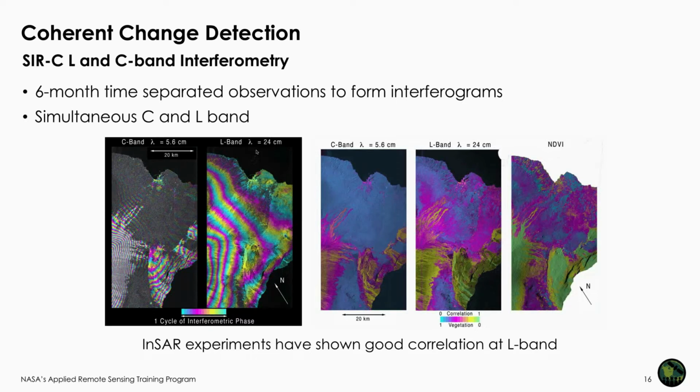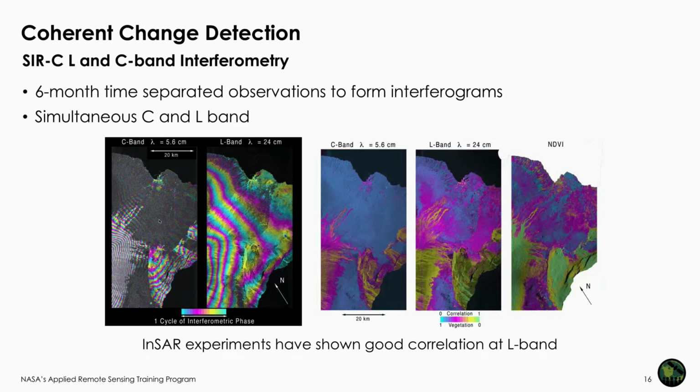And that radar in fact had 3 different kinds of radar on it. We're showing 2 of them here, the C-band measurements and the L-band measurements, which were made at exactly the same time with the exact same geometry.